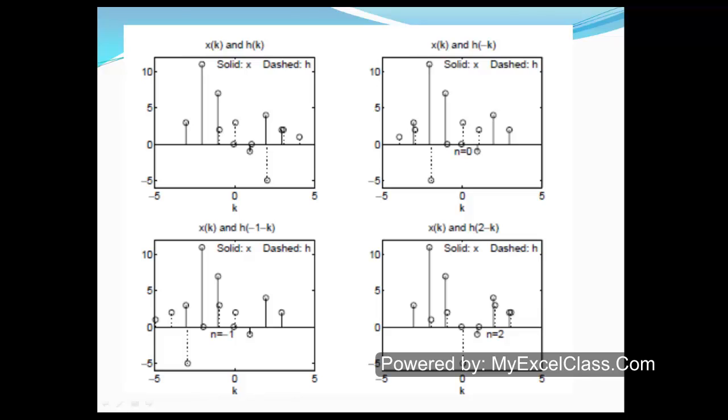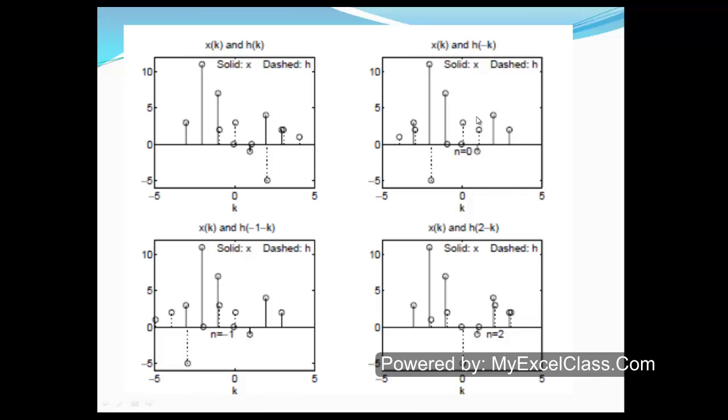So the top left plot shows x of k and h of k, the original sequences. The top right plot shows x of k and h of minus k. So what I've done is I've folded or reversed the h samples into minus. So the top right is h of minus k.